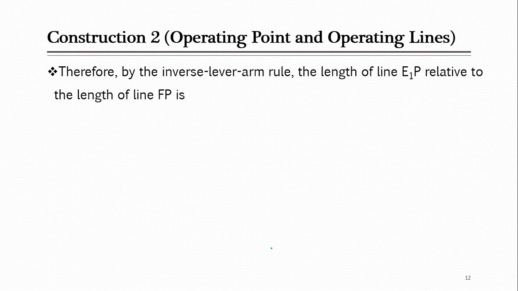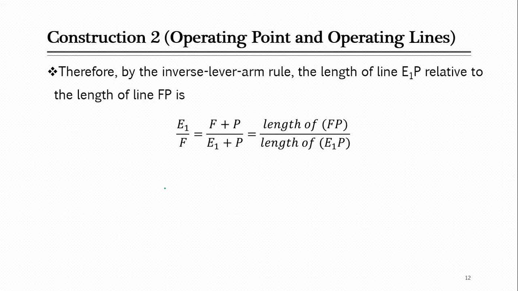So when you have drawn all this, sometimes you need the values or you have to calculate. Maybe for calculating the number of stages it is not needed, but sometimes you can calculate their ratios and values by using the inverse lever arm rule. And what is that?